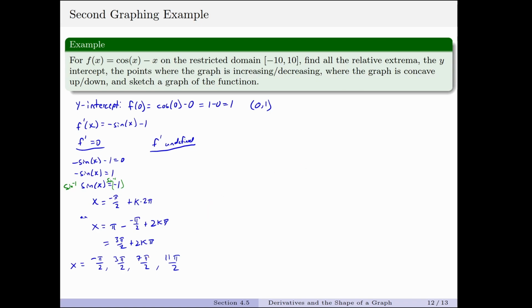We don't need them. Okay, but k can also be a negative number. So when k is negative 1, I subtract 2 pi. So it's subtracting 4 pi over 2. So negative pi over 2 minus 4 pi over 2 is going to give me negative 5 pi over 2.